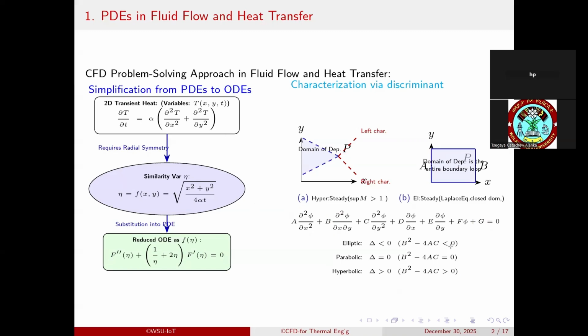We have already seen categorizing partial differential equations as parabolic, hyperbolic, and elliptic, and numerical methods based on those coefficients.